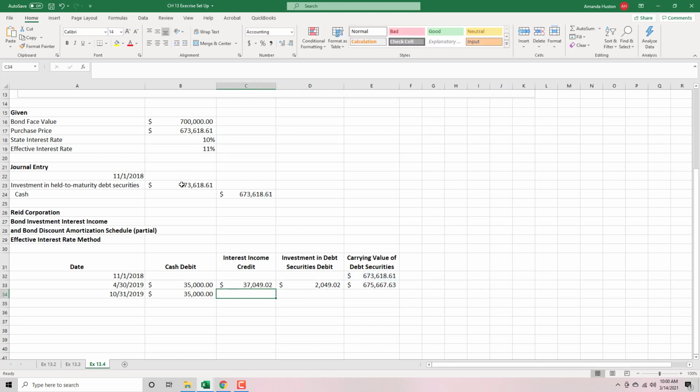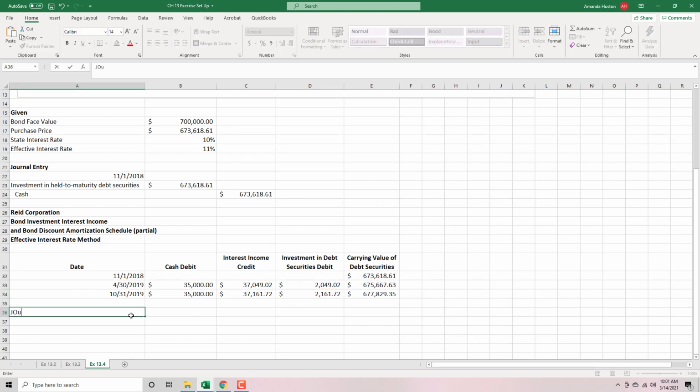Now they want us to make journal entries for the interest. So on 4/30/19, it would be cash, which we got from here, investment in held to maturity debt securities, which is what we debited, and credit is interest income.